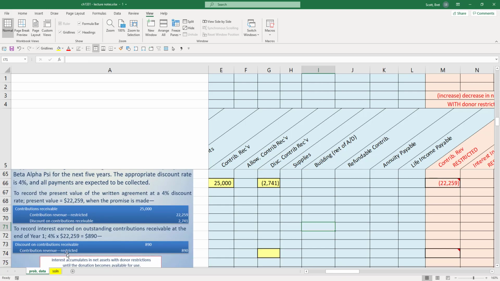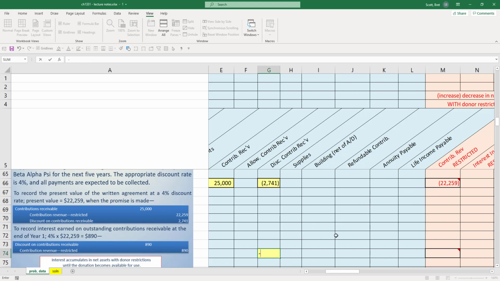So as 1 year goes by, we acknowledge, in this case, that approximately $890 of quote-unquote interest has been earned on this.